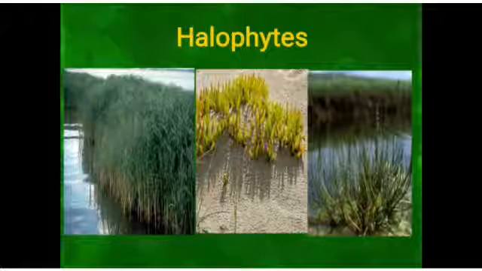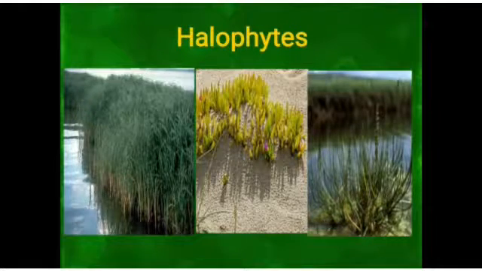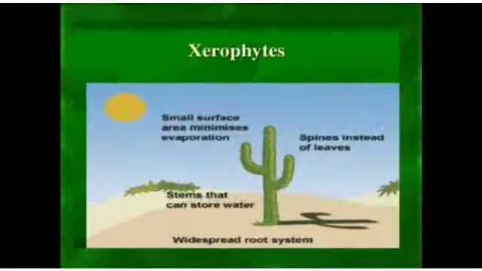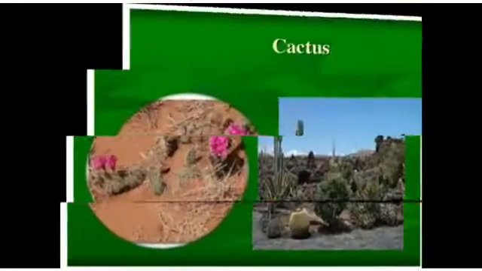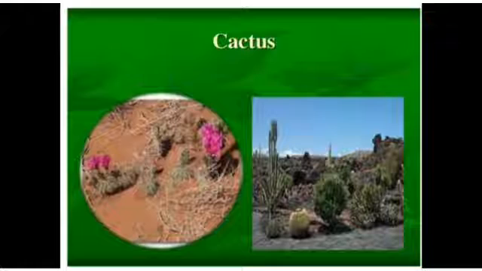Now, moving on to xerophytes. Xerophytes are the plants living in dry places such as deserts and steep hills. They have to face deficiency of water. They have developed different adaptations to conserve water and to survive during drought conditions.